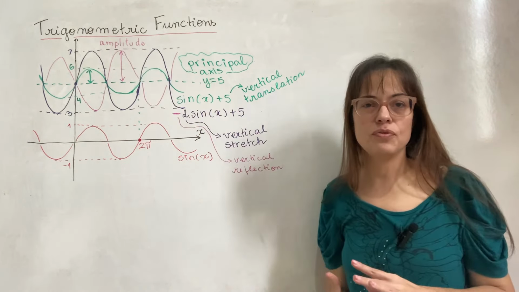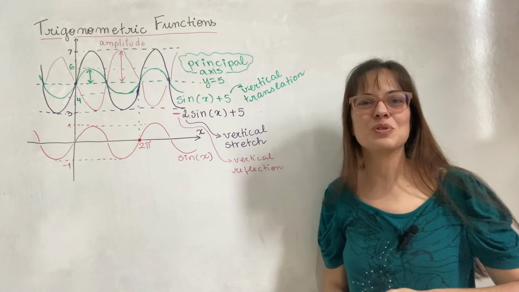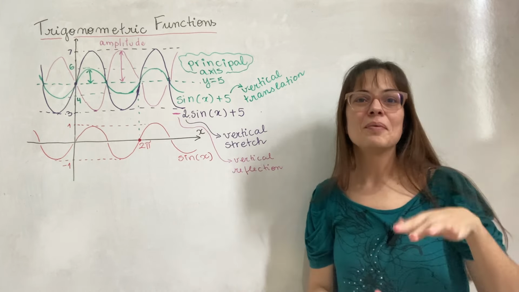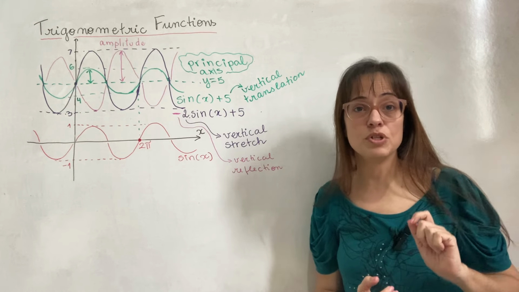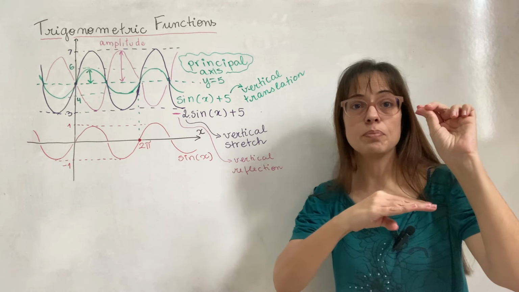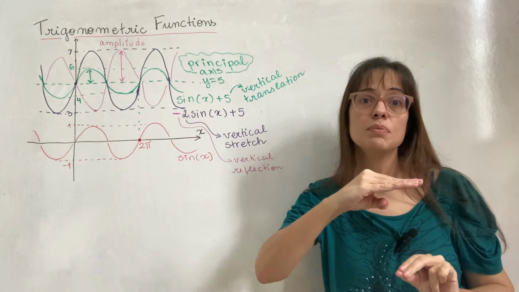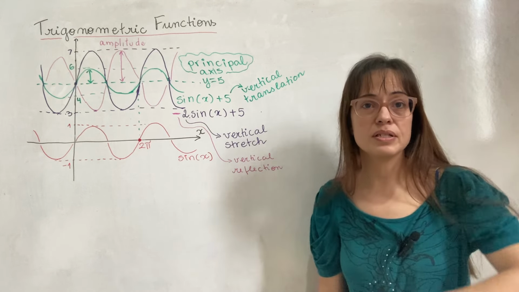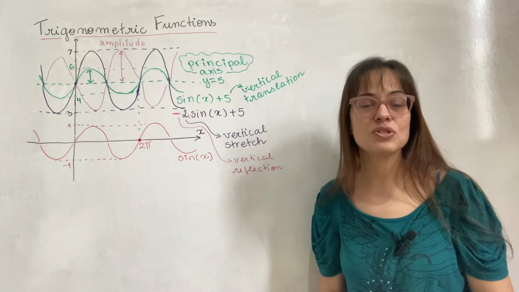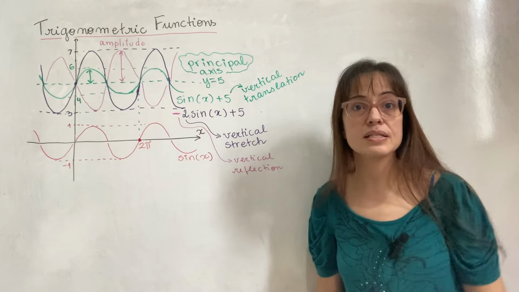It's easy to get confused and think that the amplitude would be the difference between the maximum and the minimum, but that's not the case. It's the distance between the maximum and the principal axis. If you want to say that it's the distance between the principal axis and the minimum, that's okay as well because the axis is in the center, right? So it's the same distance down as it is up.